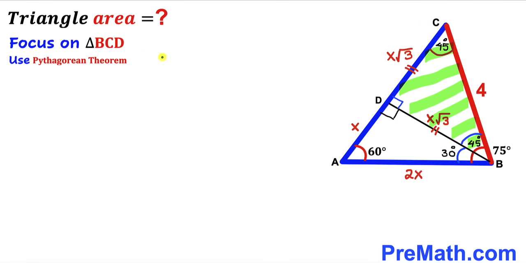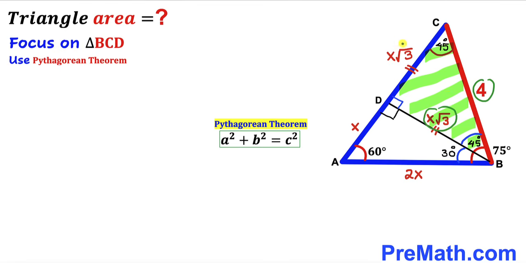Now we are going to apply the Pythagorean theorem on this triangle to find the value of x. Here's our Pythagorean theorem: a squared plus b squared equals c squared. In our case, our hypotenuse is 4, whereas our two other legs are x times the square root of 3 and likewise x times the square root of 3.